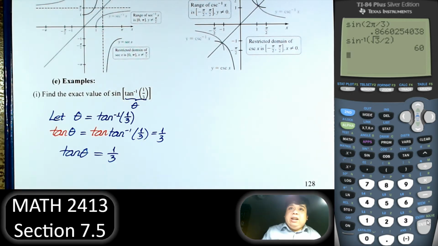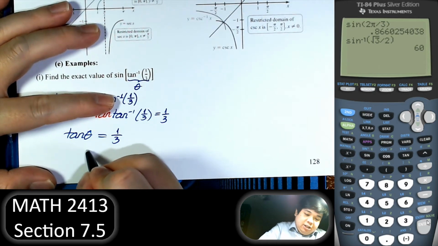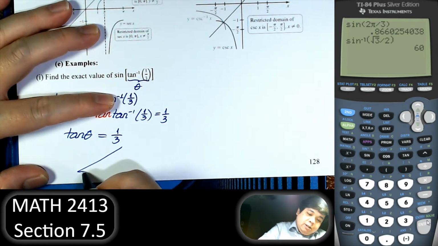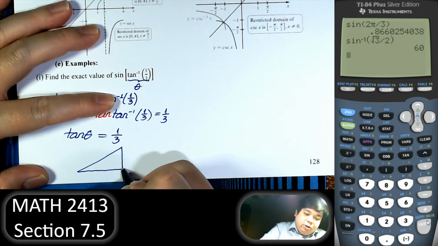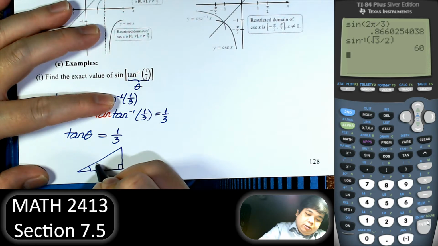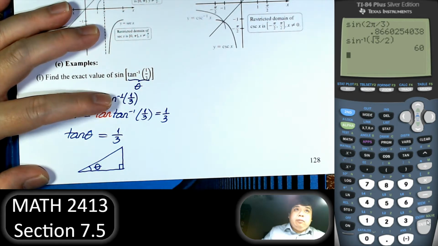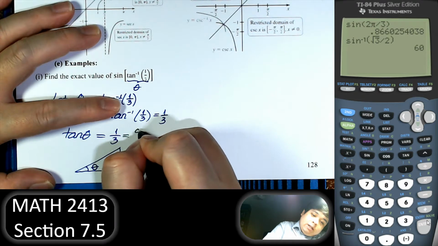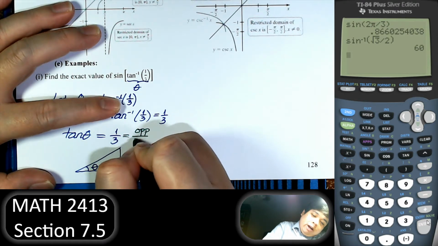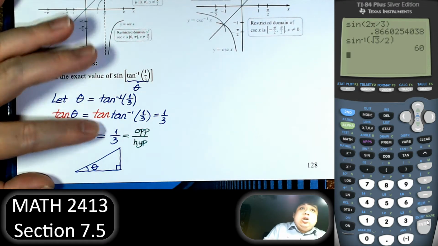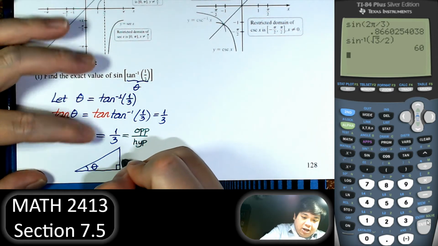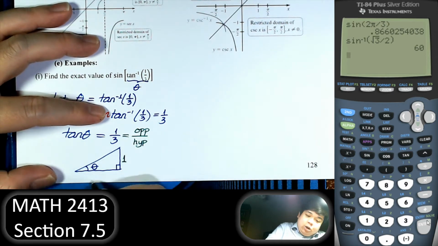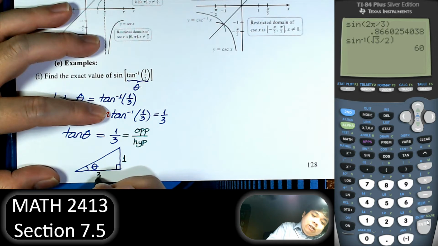Well, by definition, if we have a right triangle, tangent is opposite over adjacent. So in this triangle, the opposite of that theta is 1, adjacent is 3.